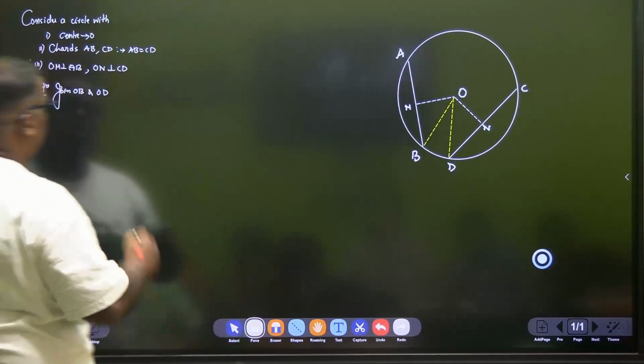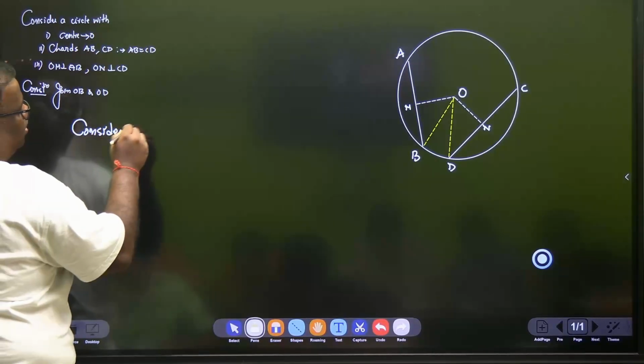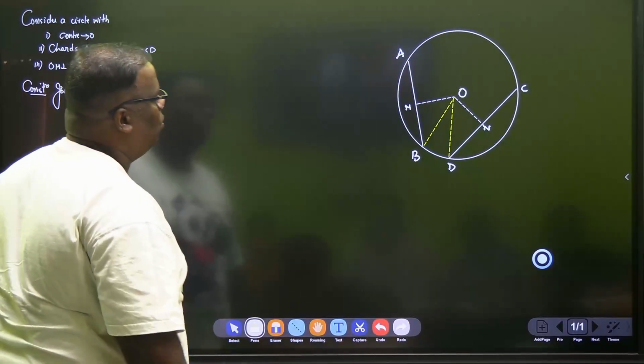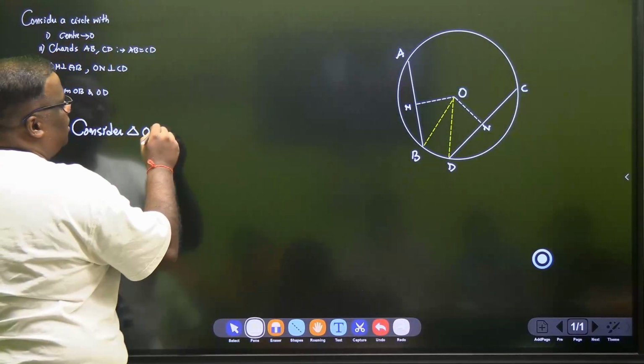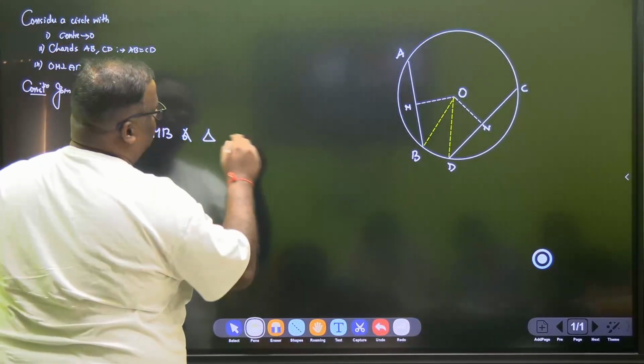Now consider triangle OMB and triangle OND.